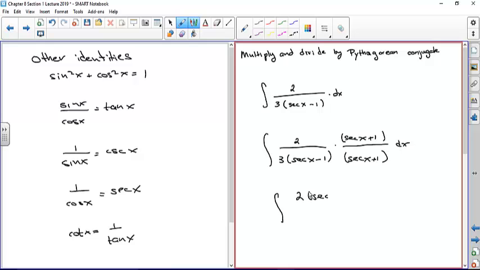In this case, the numerator is going to stay the same for right now. And then the denominator, when we multiply out this original term by its conjugate, you get secant squared x minus 1, because you get a plus secant x and a minus secant x, which cancel out, and you just have the first terms multiplied together and the last terms multiplied together.